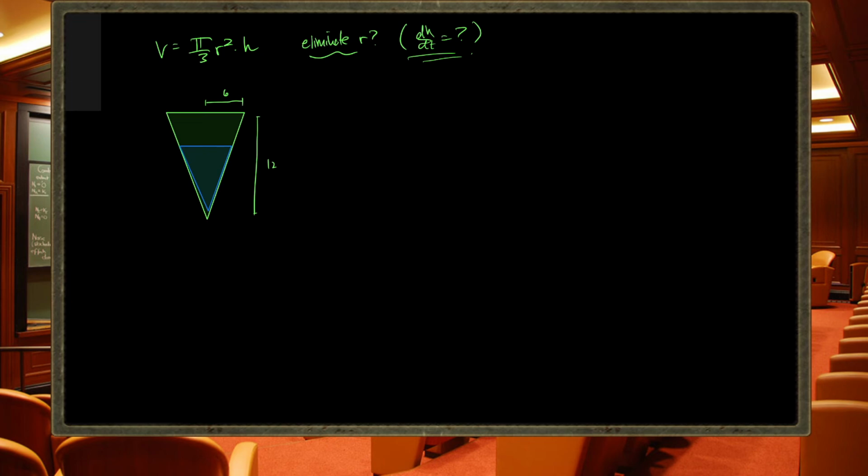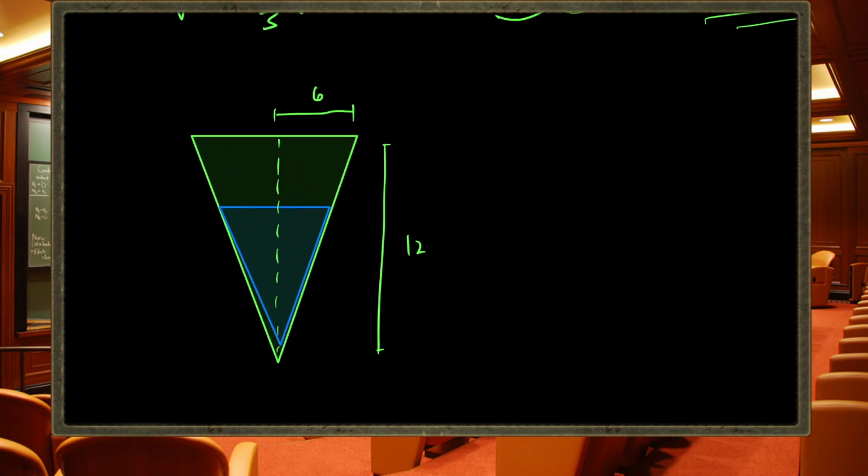And what we see is that inside this big triangle we have a similar triangle. Mally, what do you mean by similar triangles again? I mean that this angle is the same as this angle. These angles are shared, and obviously this right angle is shared.